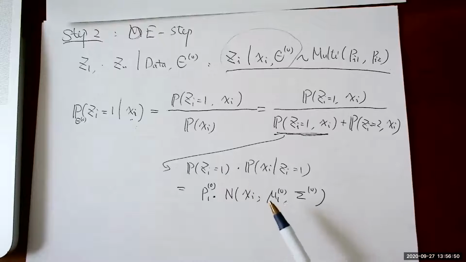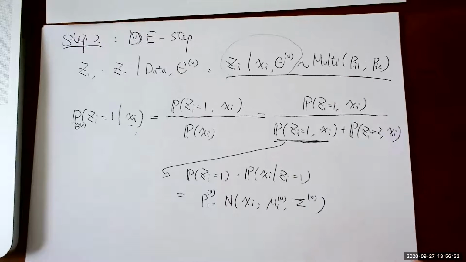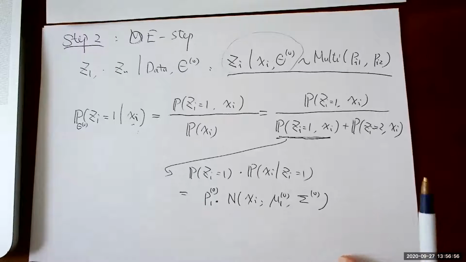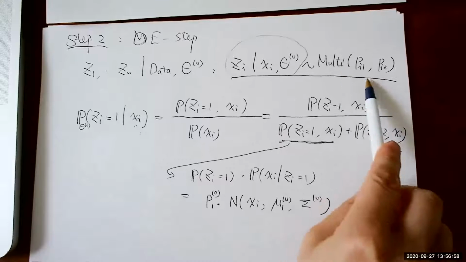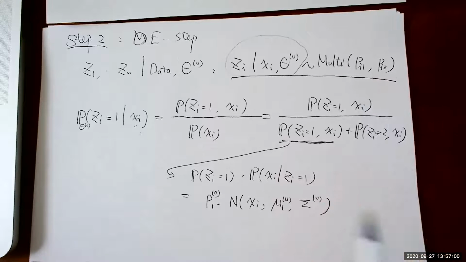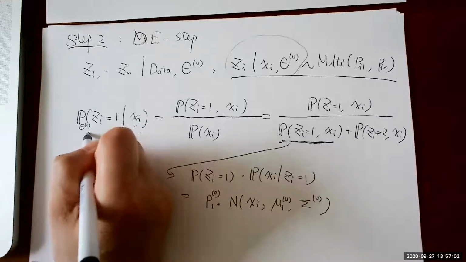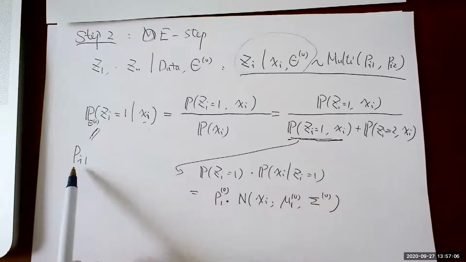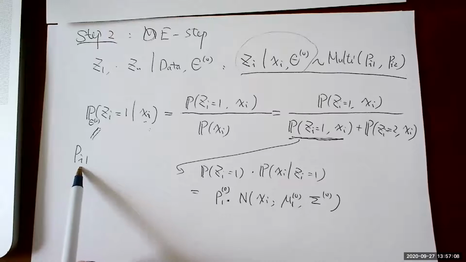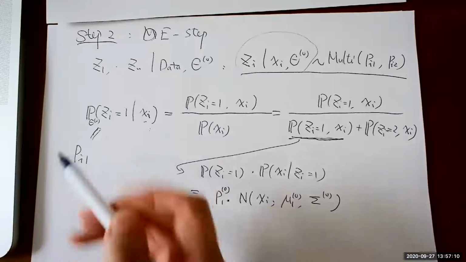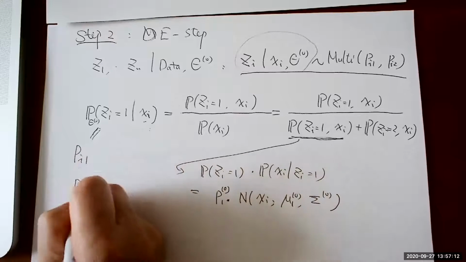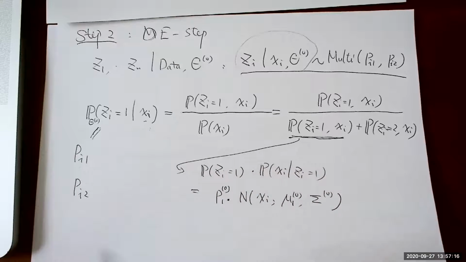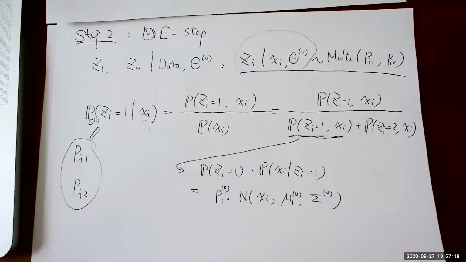So this is how you compute those probabilities, PI1, PI2. So that's the E step, okay? Once you have this PI1 calculated, that's the probability of the ith observation being in group 1. And once you have this one, you know what PI2 is, which is basically 1 minus this, right? So once you have those, you finish your E step.